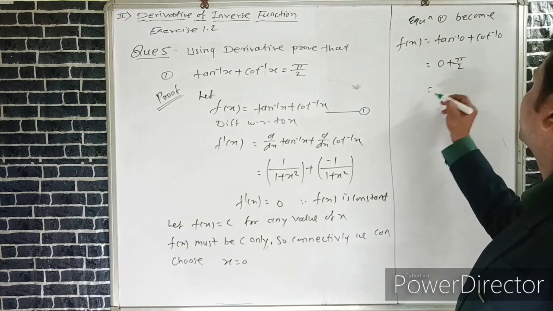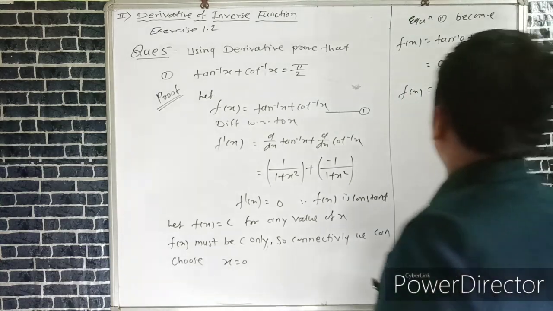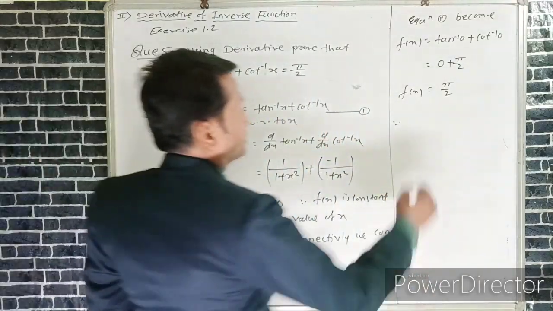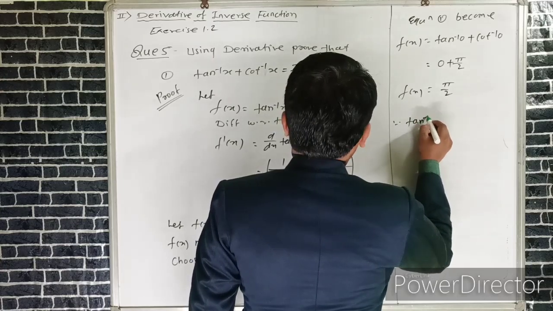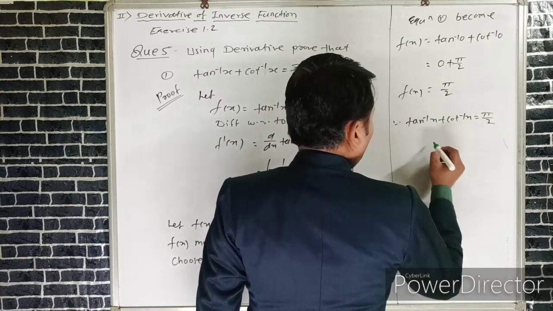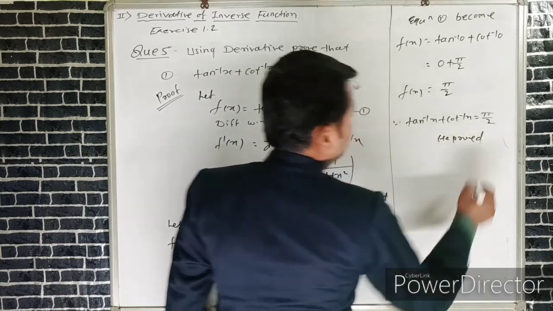So it is equal to 0 plus pi by 2, which is pi by 2. Therefore, tan inverse x plus cot inverse x is equal to pi by 2, which is the required proof, hence proved.